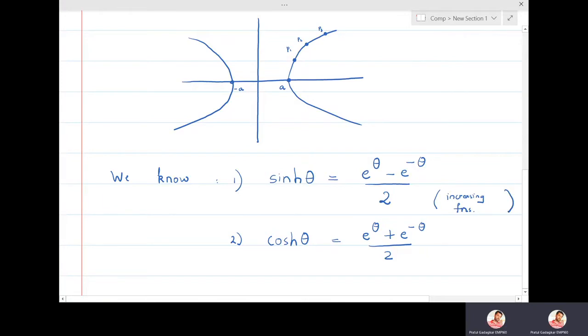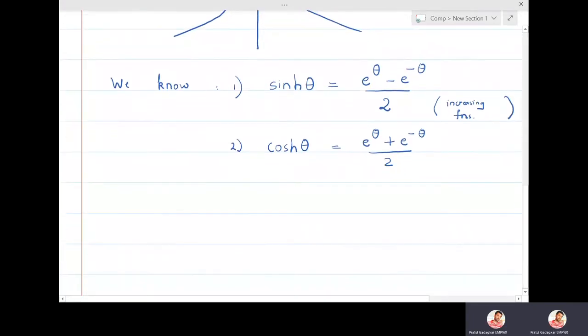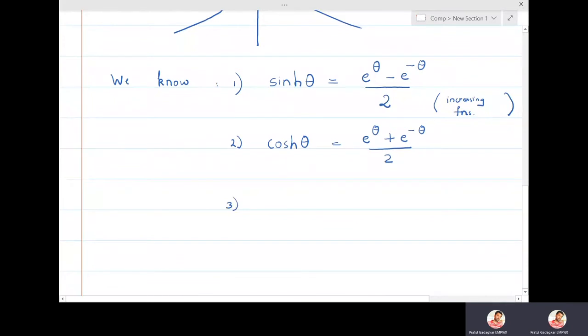The next thing that we should know is what sine hyperbolic theta plus phi is. It is the same as sine and cos. Sine a plus b is similar. So it is sine hyperbolic theta cos hyperbolic phi plus cos hyperbolic theta sine hyperbolic phi.